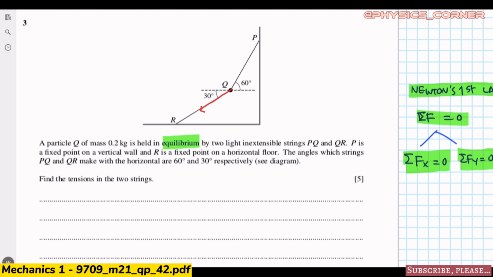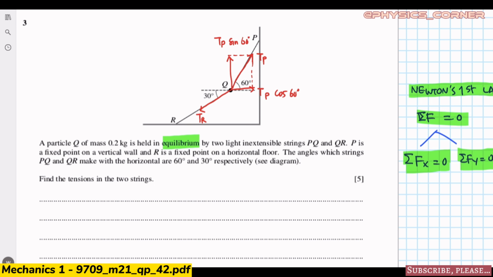Let's say this is tension R and this is tension P. We have tension P on the x as TP cos 60, and on the y we have TP sine 60.